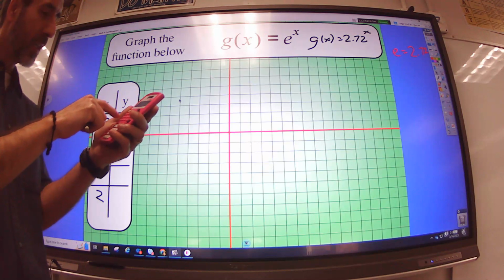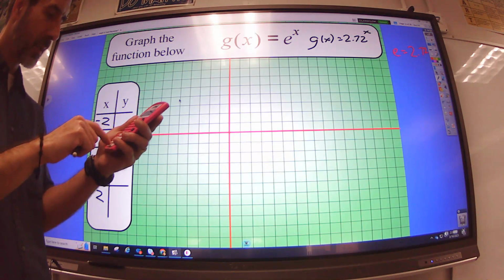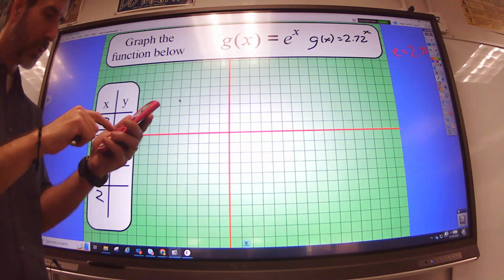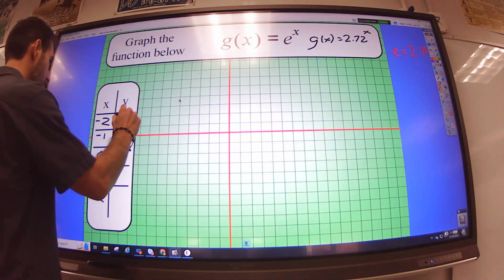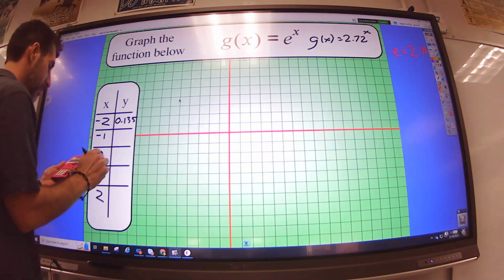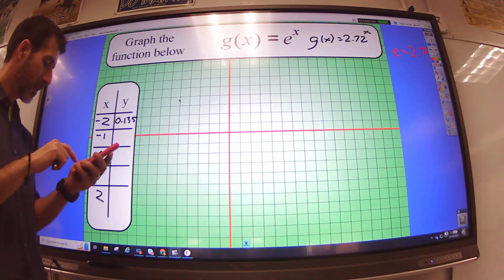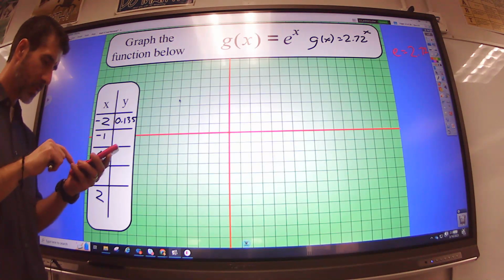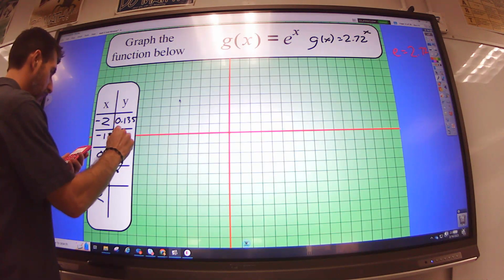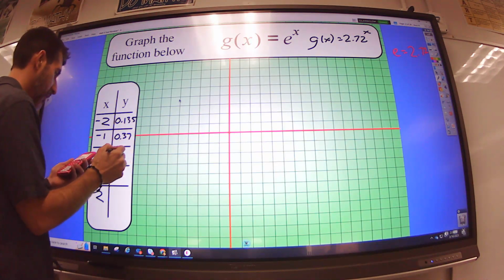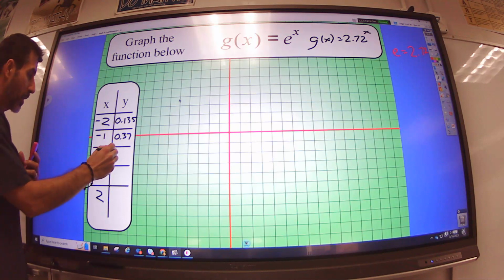Second e, negative 1. 0.37. Fine. What's e to the 0? 1. What's e to the 1? 2.72, right? Second e to the 2. 7.39. Let's put our labels.